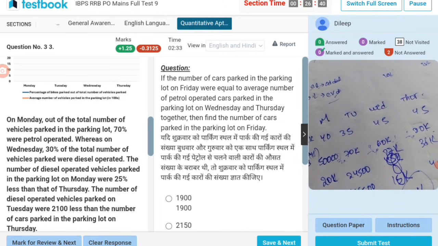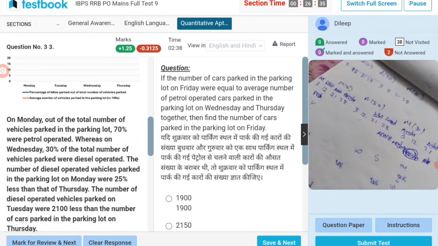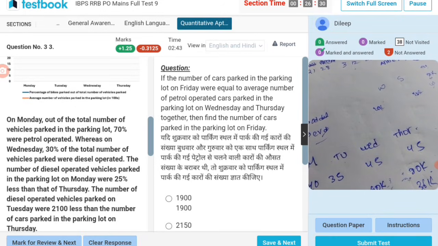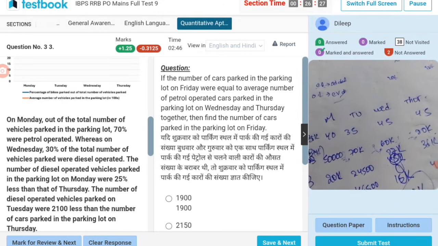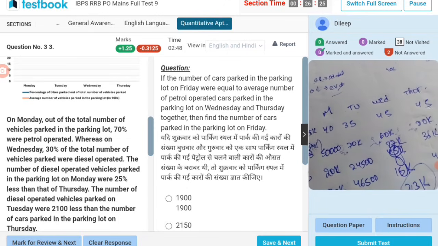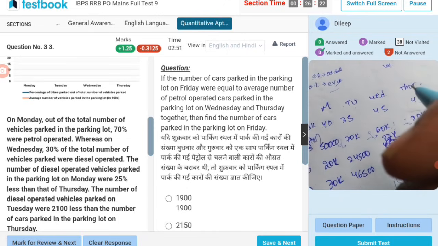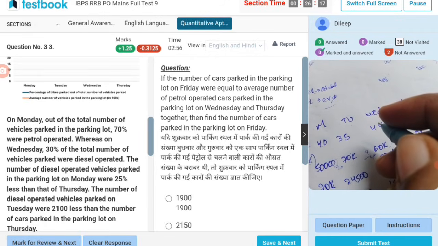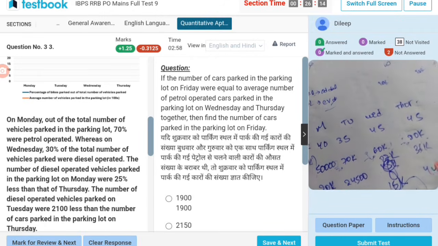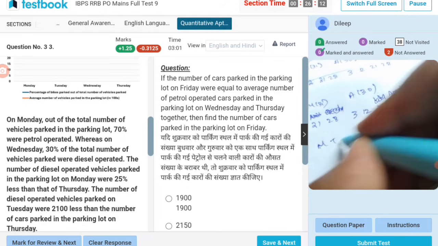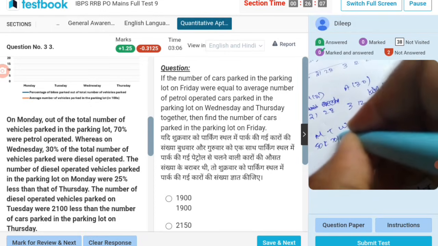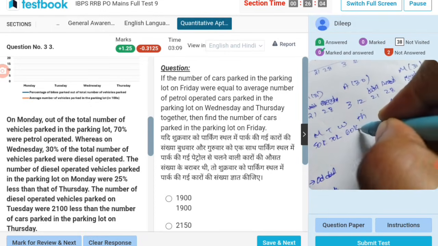So on Monday, out of the total number of vehicles parked in the parking lot, 70% are petrol operated. So Monday, Tuesday, Wednesday, Thursday and so on: 50K, 70K, 80K.